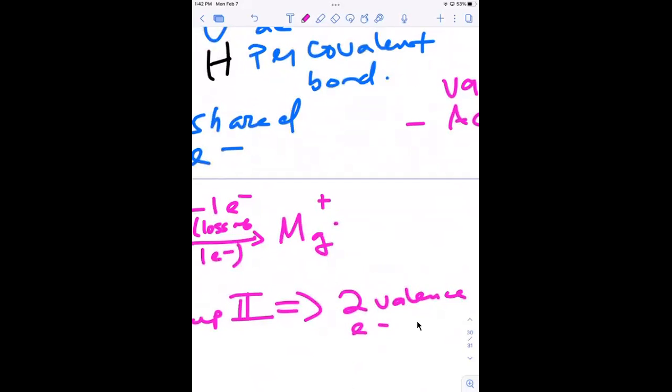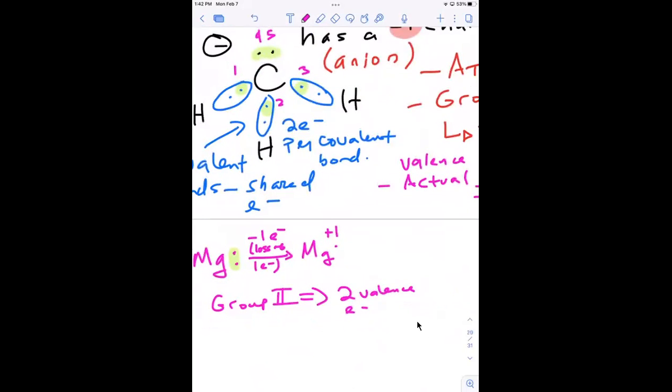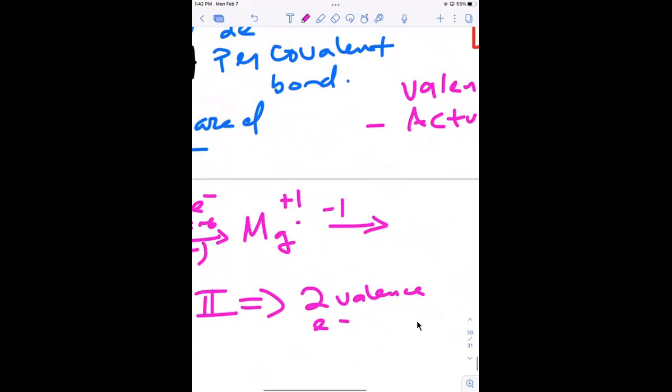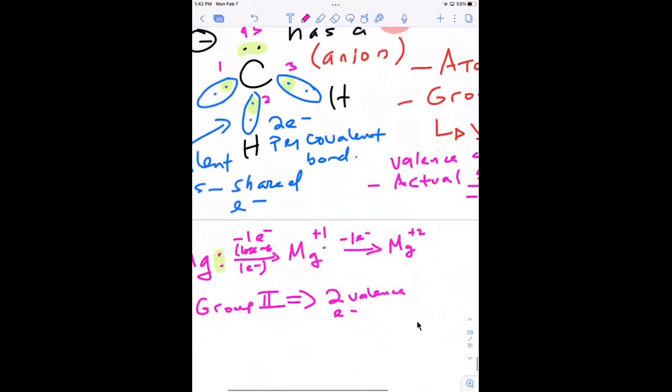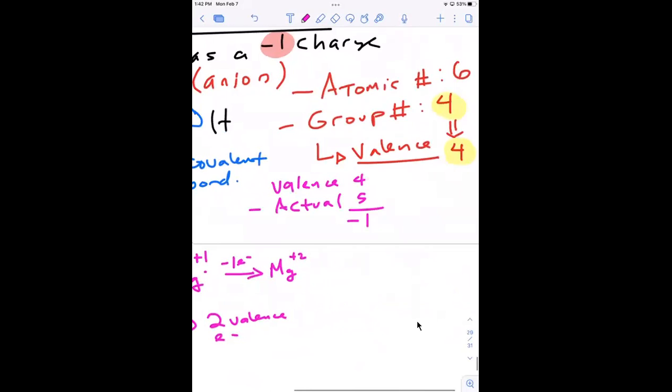It becomes positive. If I lose the 1 electron, this is going to be Mg plus 1. What if I lost that second electron? Magnesium plus 2. Anytime you lose an electron, you increase the charge by plus 1. 1 electron is plus 1, 2 electrons plus 2, 3 electrons plus 3, 4 electrons plus 4, and so on.